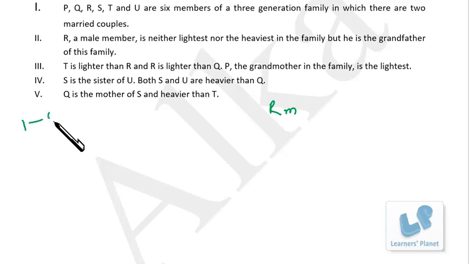So 1 to 6. T is lighter than R. So I can write T is less than R. R is lighter than Q. P, the grandmother of the family, is the lightest. So that means R and P, husband and wife. P, female, and P's ranking is 1.